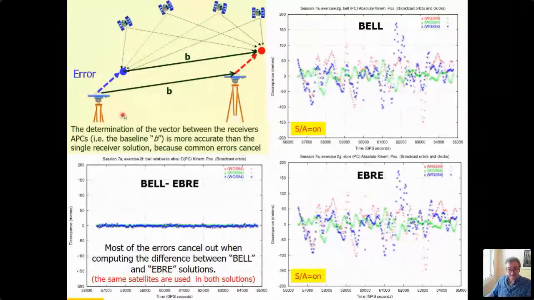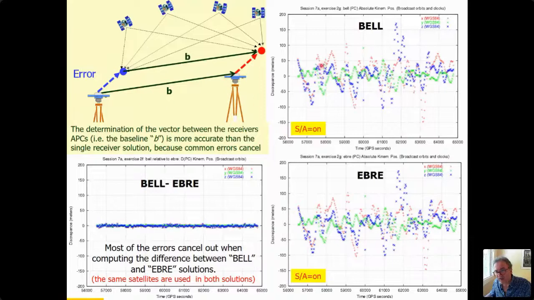This is the idea. Then the first approach that we could consider in order to improve positioning, and then we will refine, is the following.